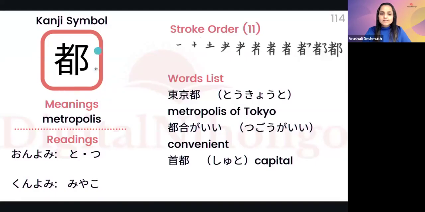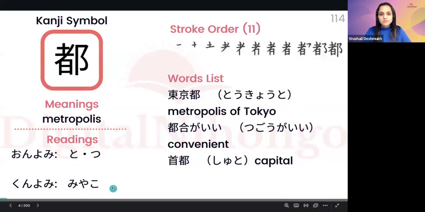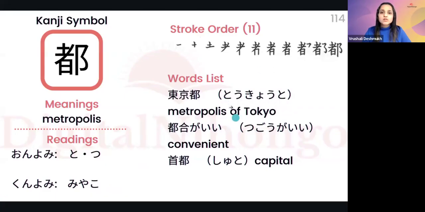Then this kanji means metropolis, or again something related to capital or main city. Readings are to, tsu, or miyako. Tokyo is the metropolis of Tokyo. Then there is one word, tsugo. Tsugo is convenience.